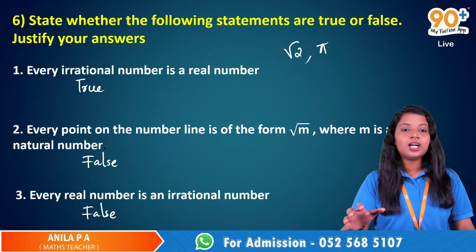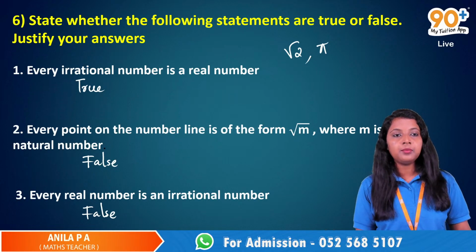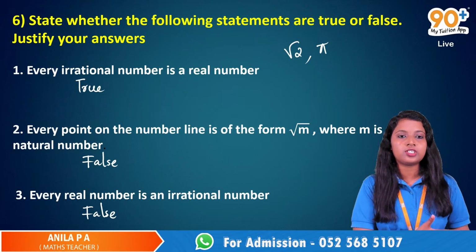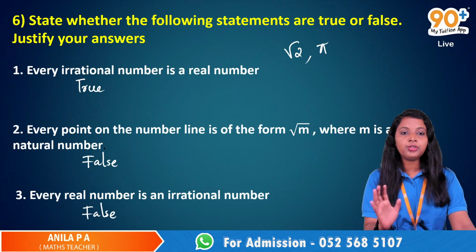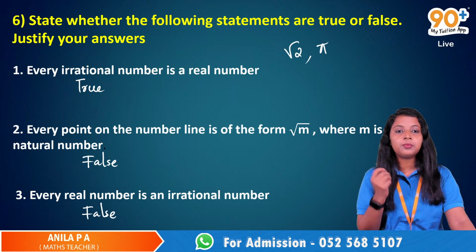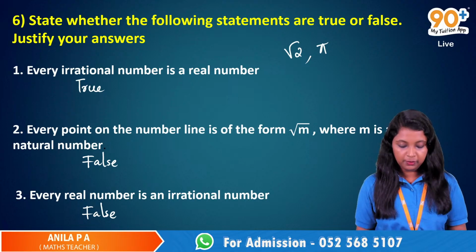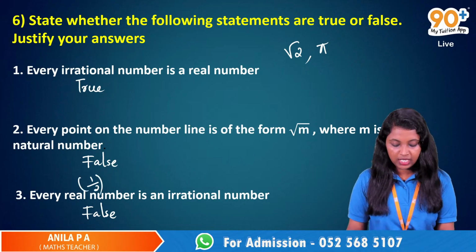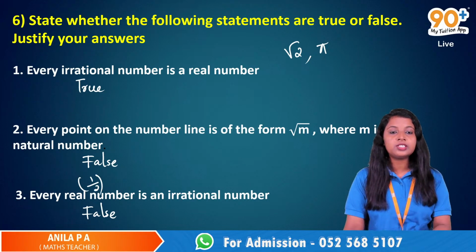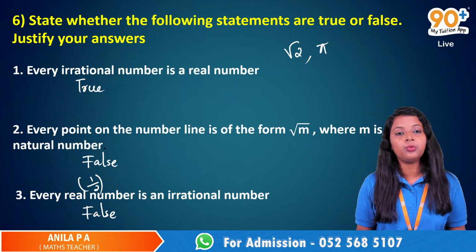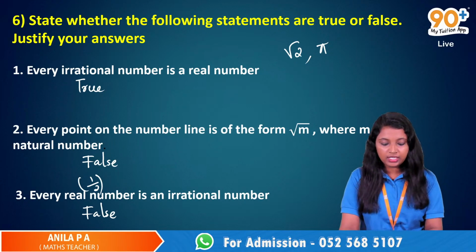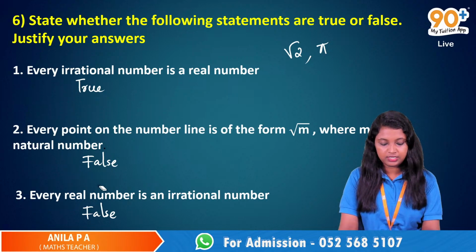So real numbers include rational numbers and irrational numbers. Suppose we take a rational number, say 1 by 2. Every real number is an irrational number, so is 1 by 2 an irrational number? No, it is a rational number. So this is also a false statement.